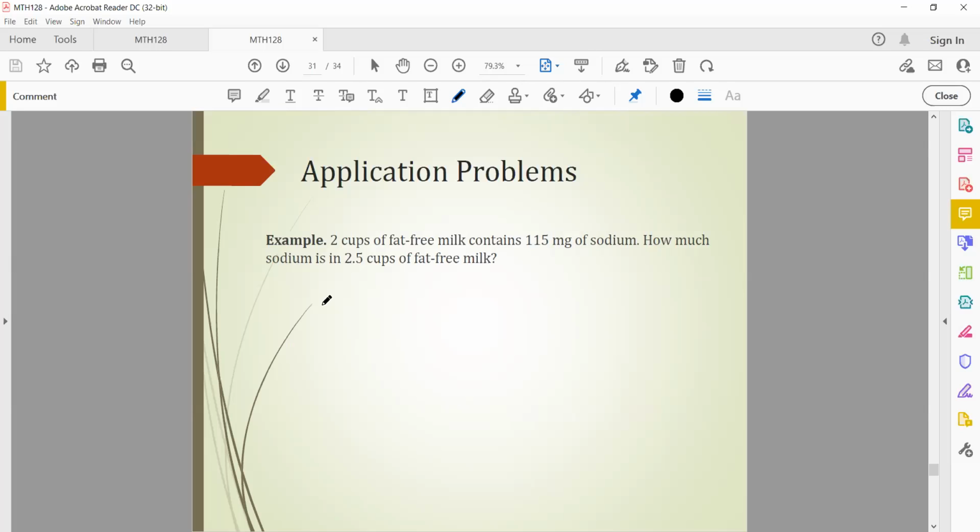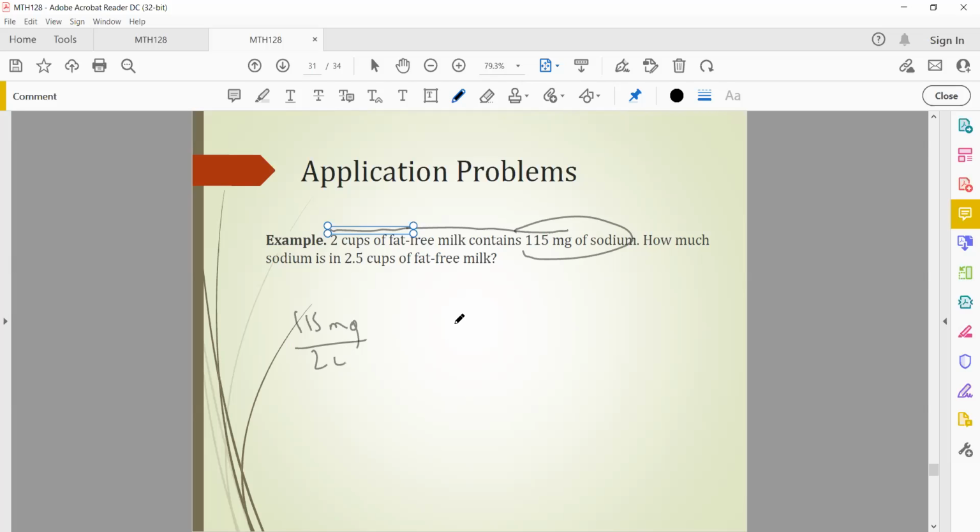Okay, so what is our complete piece of info? It would be 2 cups corresponding with 115 milligrams. It would be that piece right there. And what are we going to be solving for? We're going to be solving for the milligrams of sodium. So I'm going to put the sodium part on top for a first proportion. 115 milligrams over 2 cups.